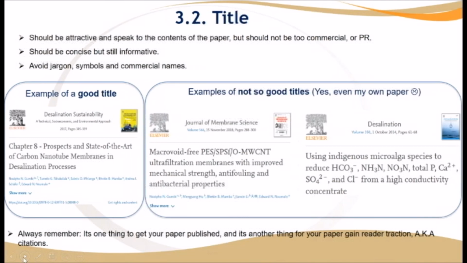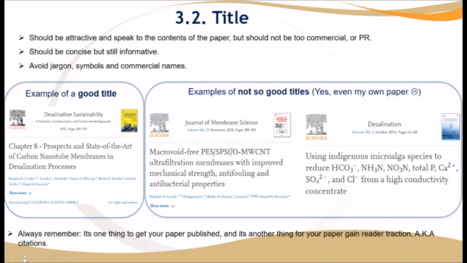This segment is entirely meant for writing publications for scientific or research purposes, and so it doesn't have to be too commercial or too PR stunt related. If anything at all, it must always speak to the contents of the paper.